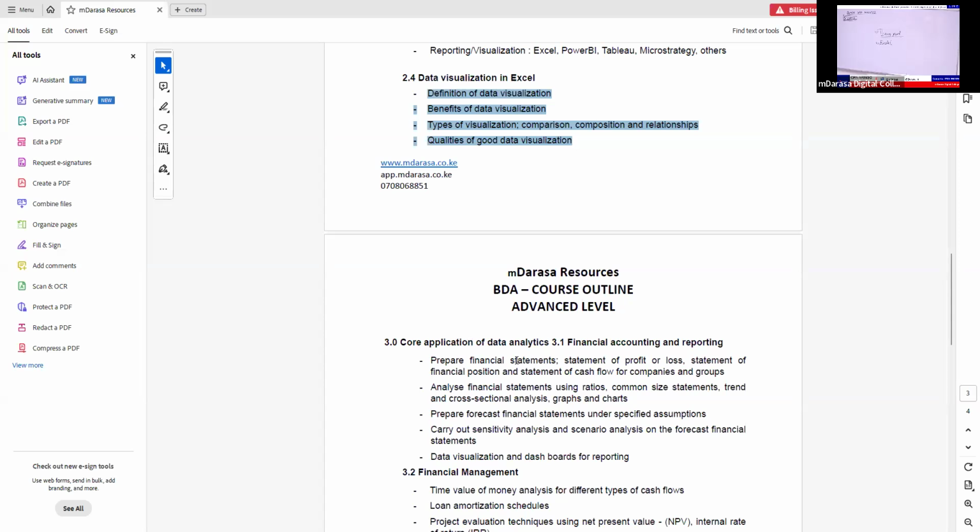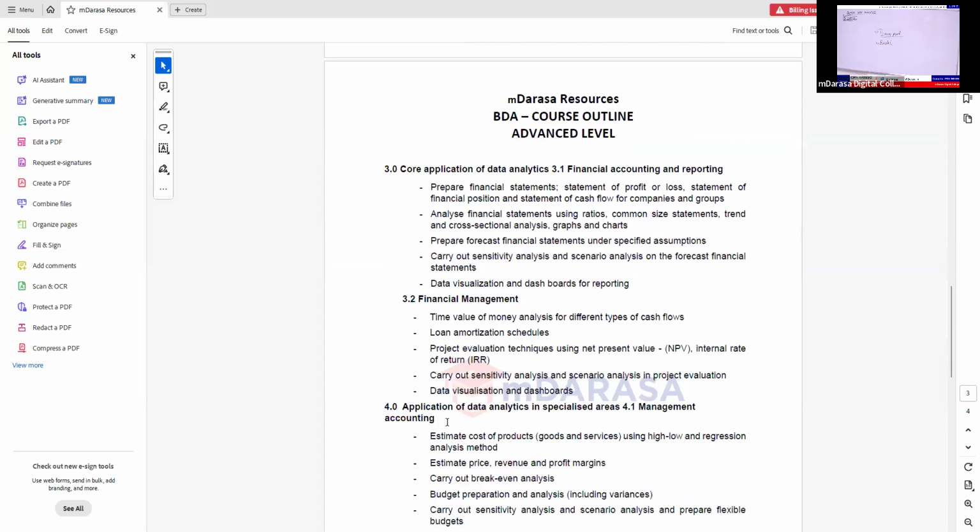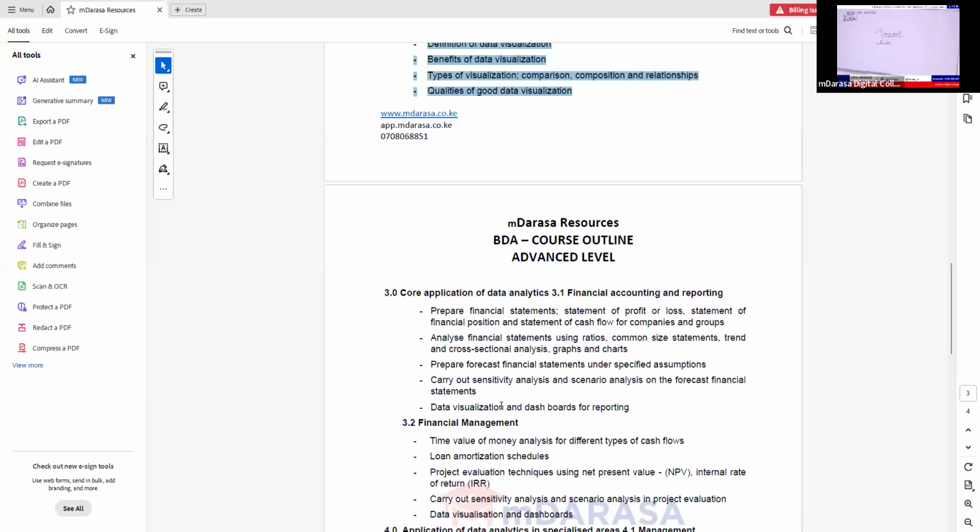We'll be having the core application of data analytics, and we'll also be talking about data analytics in specialized areas, where the core application, the number 1 item that we'll always consider, is financial accounting and reporting.